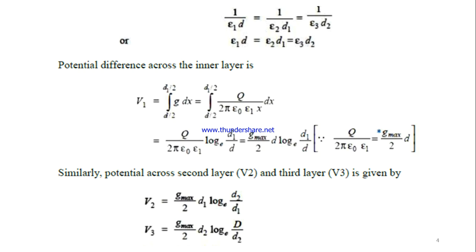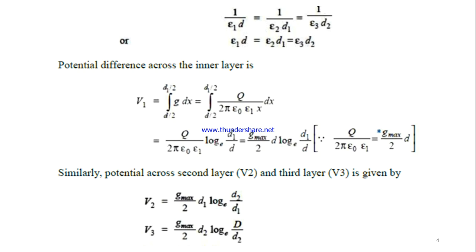Next, this is the equation where the stress is made uniform, so it is the same. Obviously we get epsilon 1 into d equals epsilon 2 into d1 equals epsilon 3 into capital D. Now, considering the potential difference across the inner layer, we integrate from d by 2 to d1 by 2 for the first dielectric, substituting the stress G as q by 2 pi epsilon 0 epsilon 1 into x.